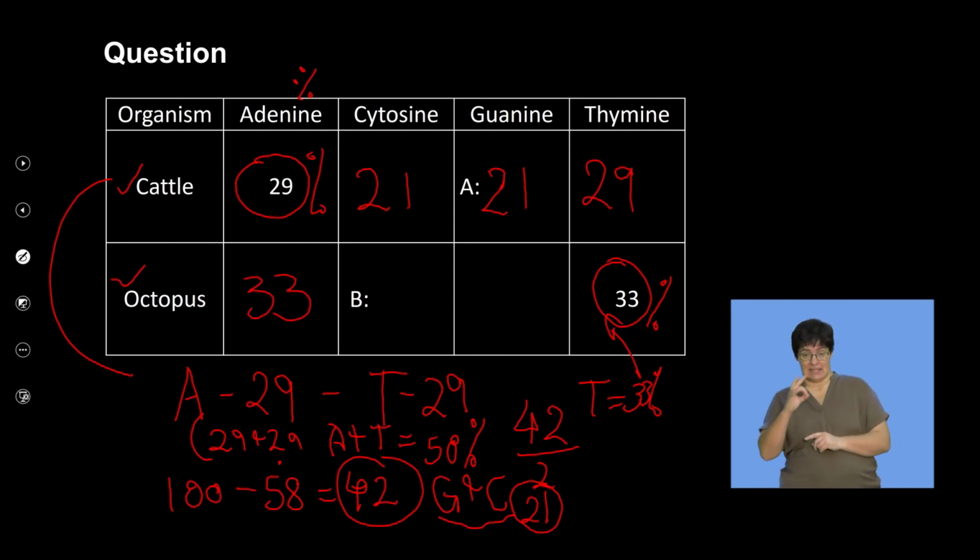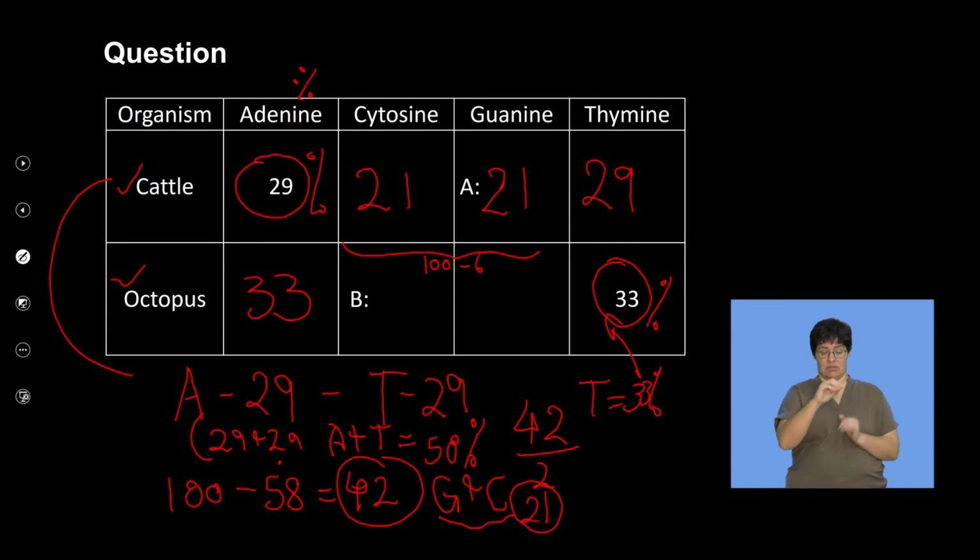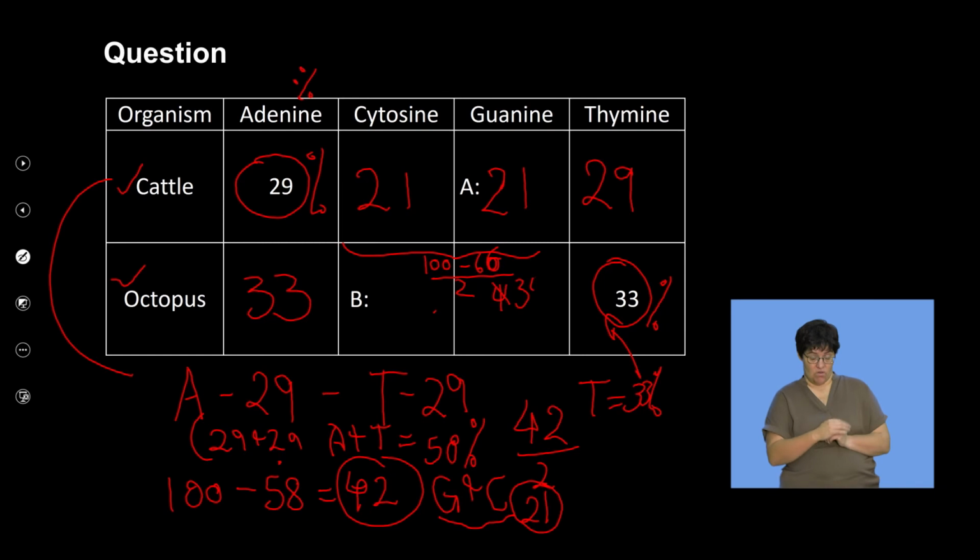And so it would mean that collectively these two, guanine and cytosine, have 100 subtract 66. So 100 minus 66 is 34. My bad. And if we divide that by 2, it gives us a percentage of 17% in each one of these.